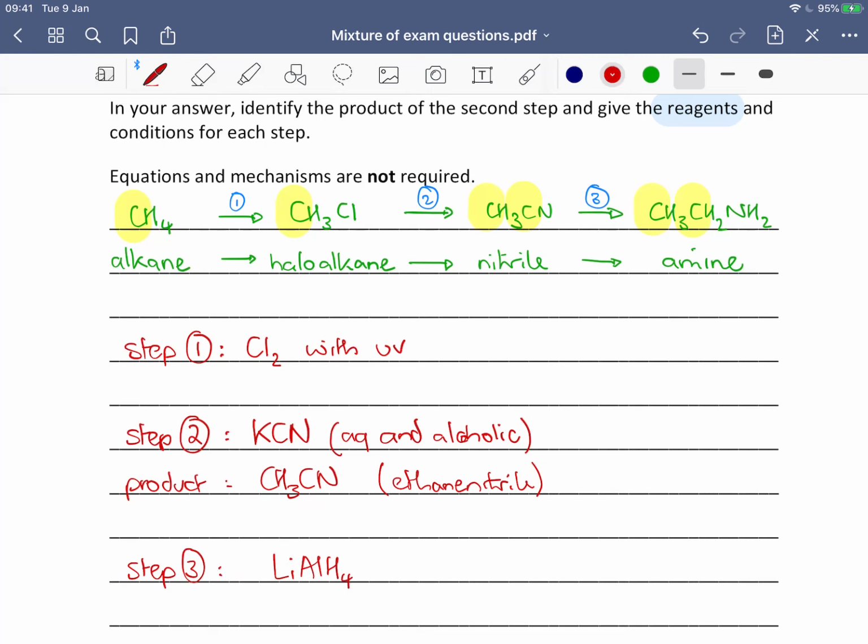Step 3 here, they just want the reagents, but I'm going to include the dry ether because it's a reminder to us, because there will be questions where we do have to include the dry ether, so just get into the habit of doing it. The reason it's dry ether is that the lithium aluminium hydride would actually react with water, so that wouldn't work. So we need it to be in a very dry solvent, or a solvent with no water present, so we use dry ether. And that is our 6 marks. So if you have any queries, let me know.